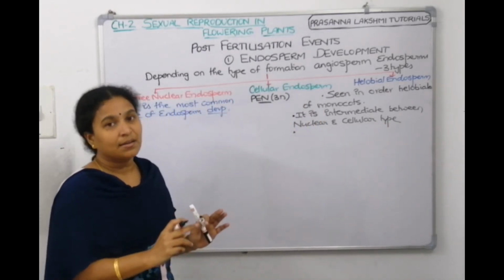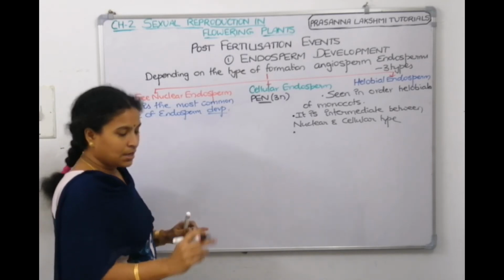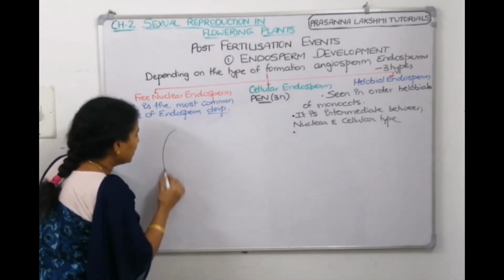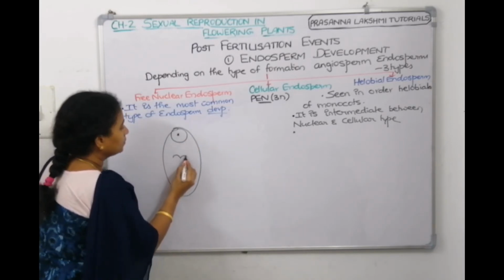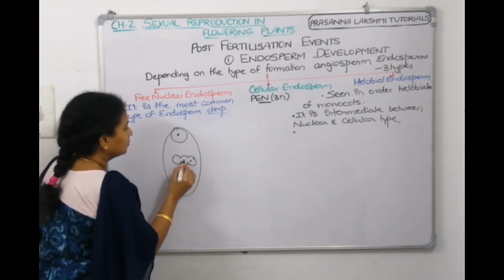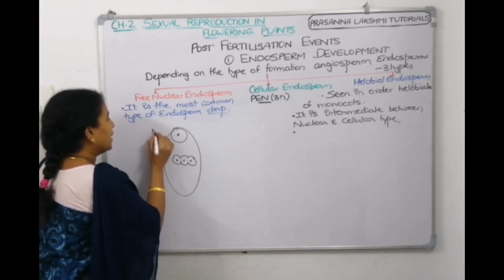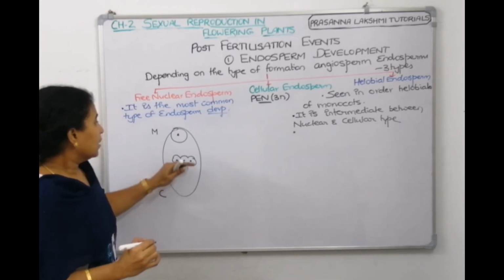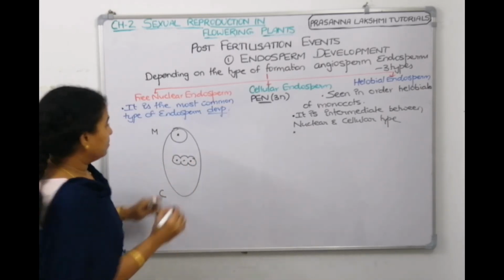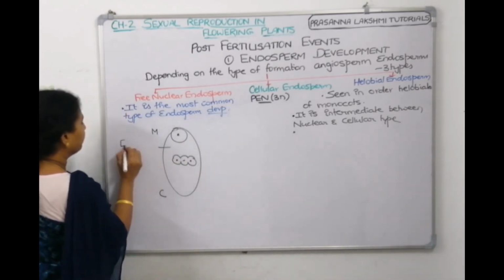We will draw the diagram. Through the diagram, we will try to understand. So here what happens is, this is the zygote, PEN, micropylar end, callosal end. Here what happens is, this is the endosperm cell.